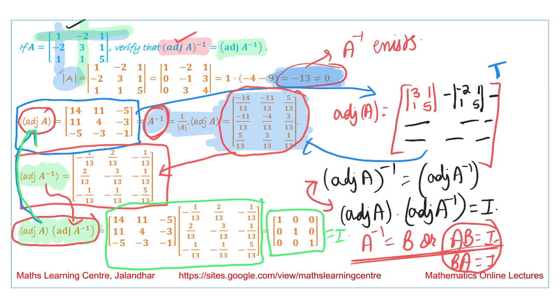So what we have obtained? We have obtained that adjoint A into adjoint A inverse is equal to I, and this is equivalent to the statement that adjoint A whole inverse is equal to adjoint A inverse, and this is what we have to prove.